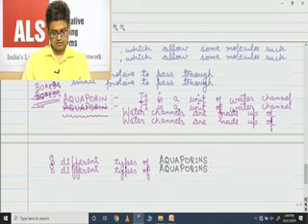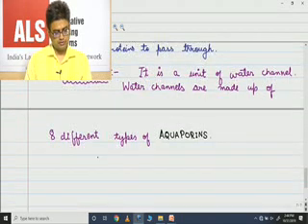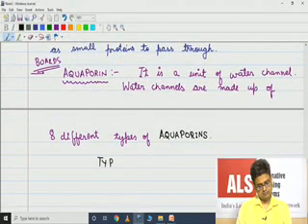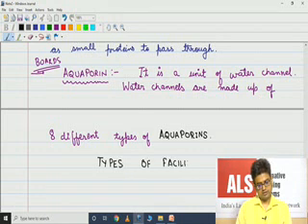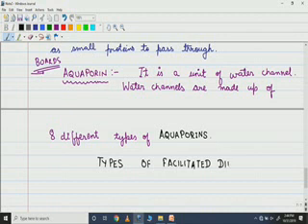Now next, types of facilitated diffusion.